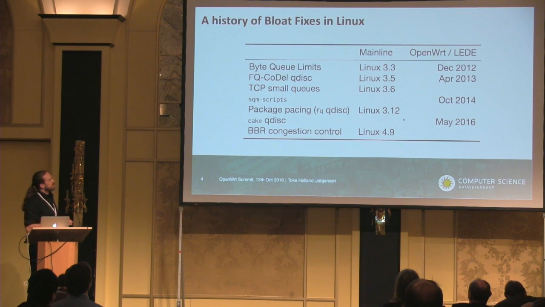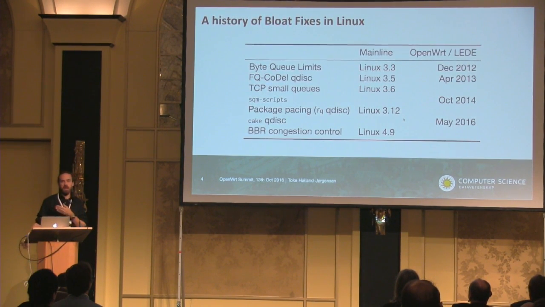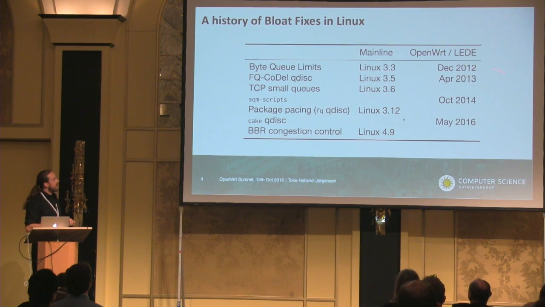Another thing that is in Linux is a thing called TCP small queues, which tries to keep the TCP stack from dumping too much data into the driver and into the socket at one time. I haven't put an OpenWrt release on this because it's not too relevant for routers.